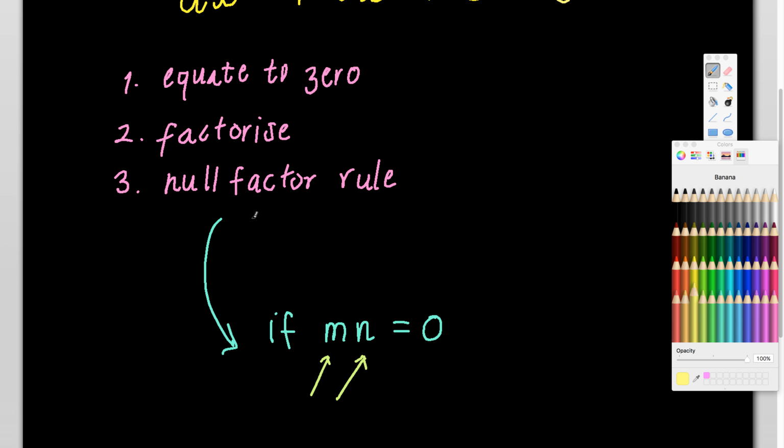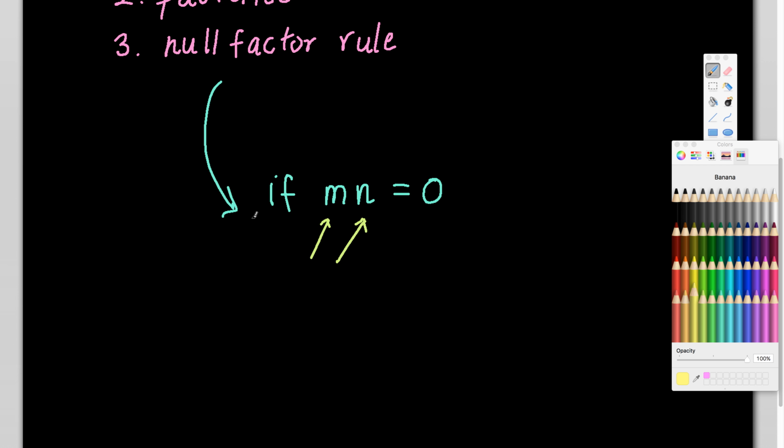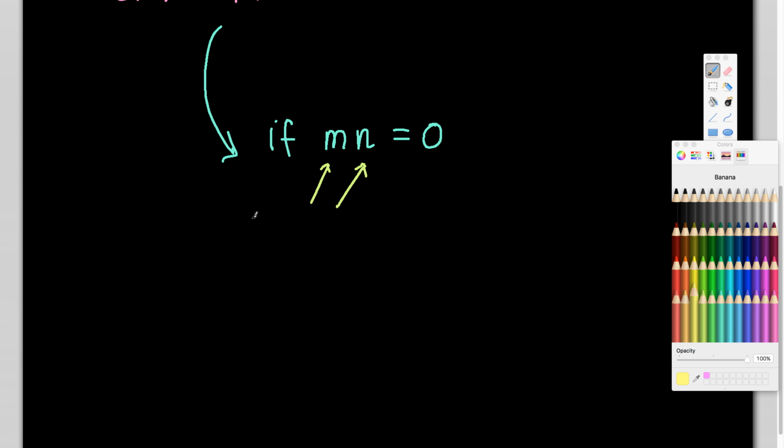Now what that means is when you've got a product and it's equal to 0, so I'm just calling the product m times n. Now remember that you could have 2 brackets being multiplied, you could have an x term multiplied by 1 bracket, lots of different things could be represented by the m or the n, but basically you've got 2 numbers being multiplied together.